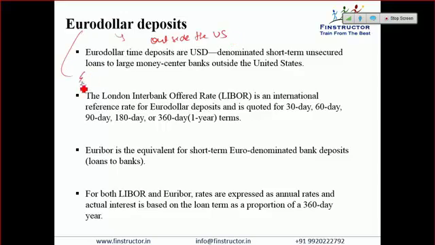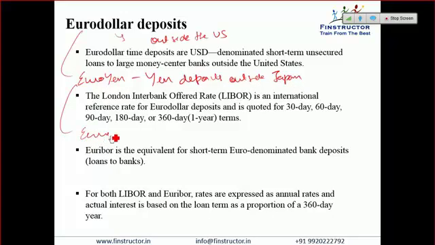Similarly, euro-yen would refer to yen deposits outside of Japan. Euro can also be there. Euro deposits would mean euro deposits outside of Europe.